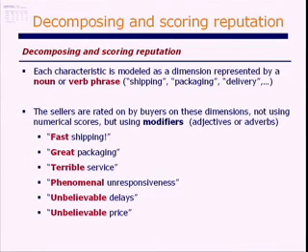So when someone is commenting on shipping, it could be fast shipping, and it's fairly clear what the polarity of that modification is. Same with great packaging and terrible service. But what about phenomenal unresponsiveness? You might conclude that this is clearly not a positive assessment. And I guess that strikes at the heart of why our method is different, because how valuable or not valuable phenomenal unresponsiveness is going to be in the text is actually going to be driven by whether or not this leads to a positive or negative price premium.